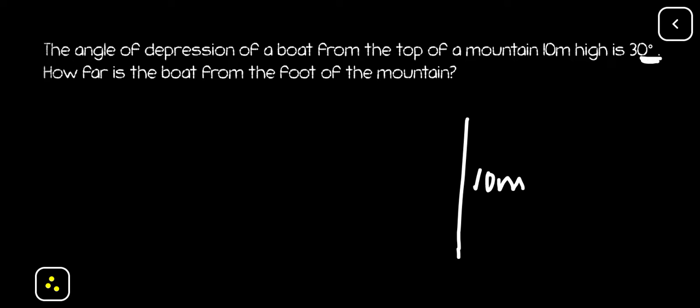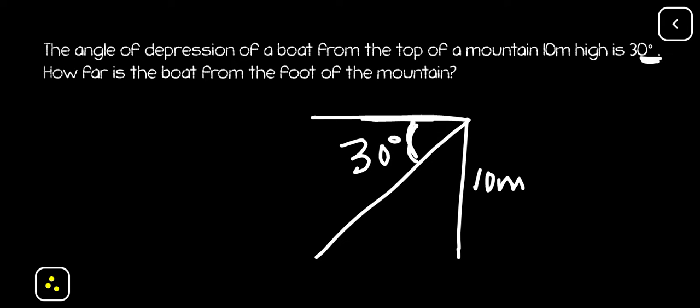So you can understand that by looking at the question very critically. It says the angle of depression of a boat from the top of a mountain. So this is the top of the mountain like this. The angle of depression will be something like this, 30 degrees.